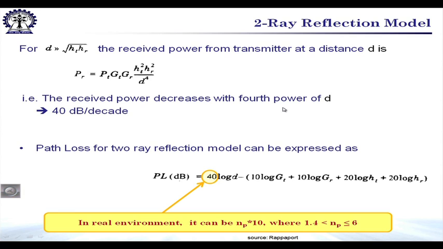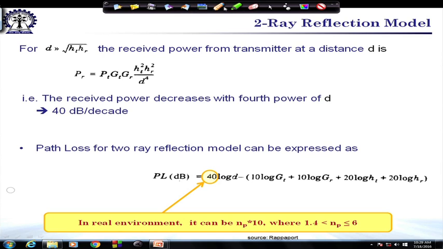If we look at this expression in the actual path loss expression, the path loss exponent is no longer a fixed value: earlier it was 20, now it is 40, as can be read from this expression.